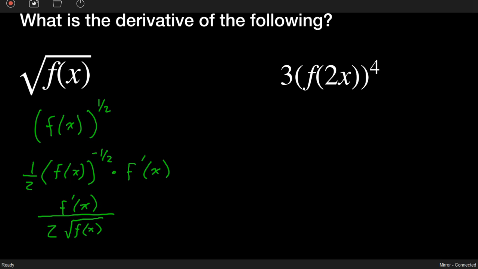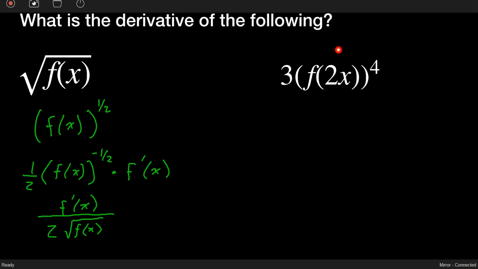All right, so the next one, what you may notice here is that we have a 2x and we have an f of 2x. This is actually a double chain rule situation. We have an inside part here, and we also have an inside part here. So we're going to have to do chain rule twice. So starting out, the derivative of the outside parts, like peeling away parts of our derivative here.